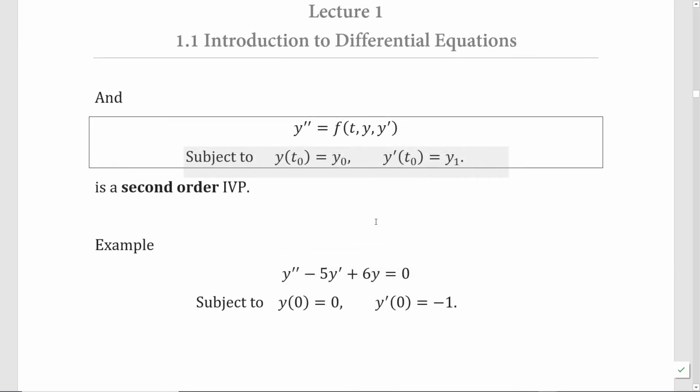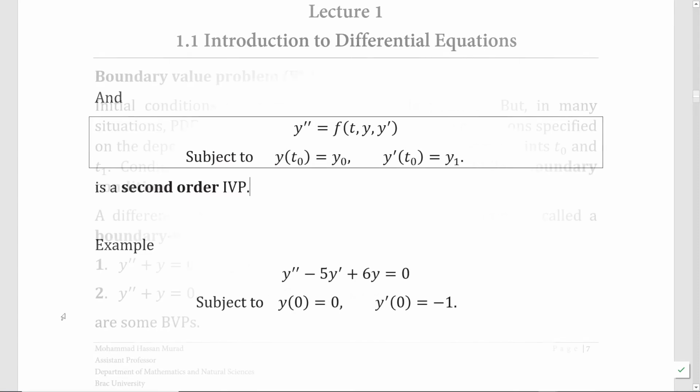Similarly, the equation shown in the box subject to these two conditions is an example of a second order initial value problem. And we can see the example.